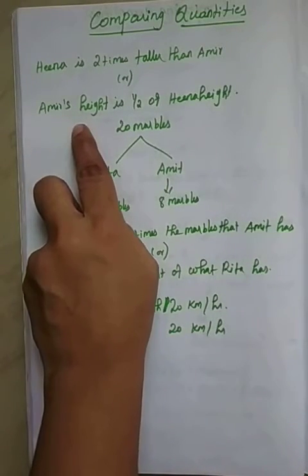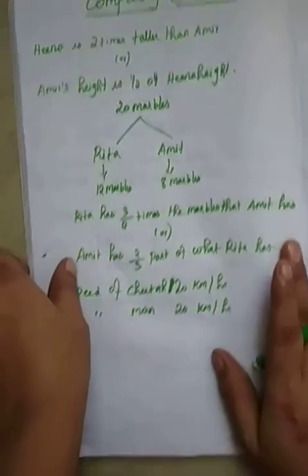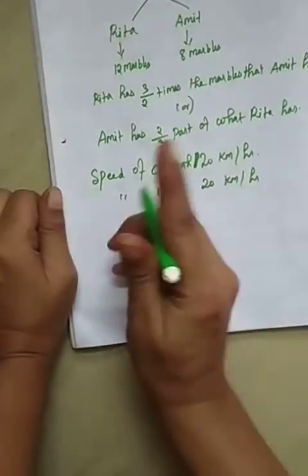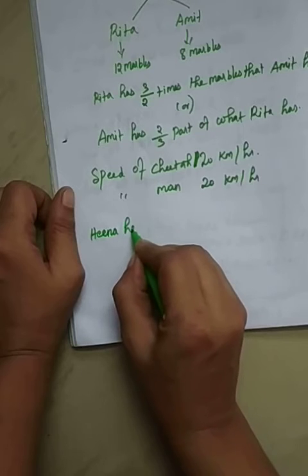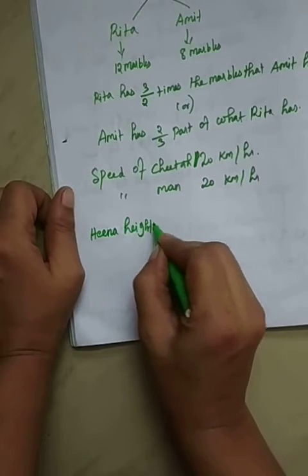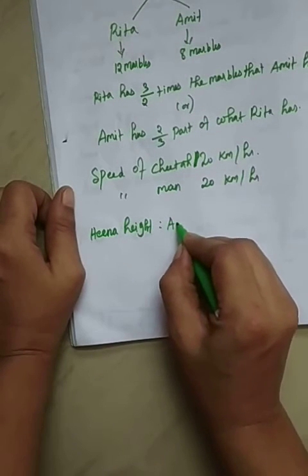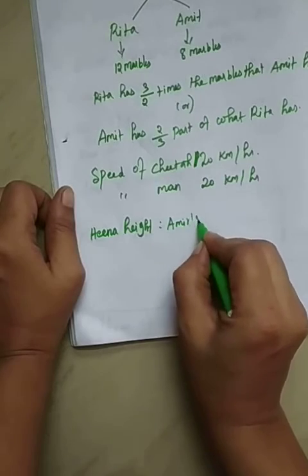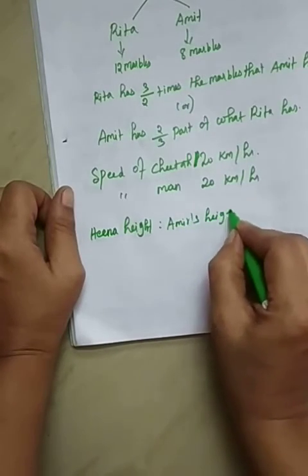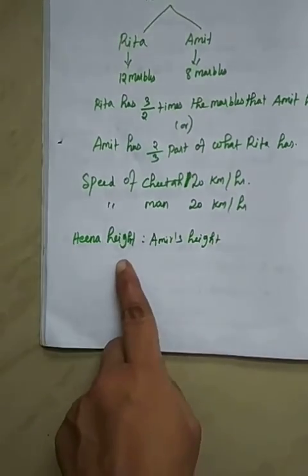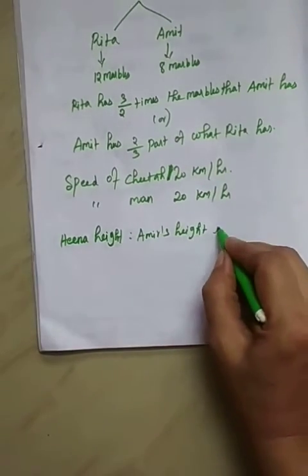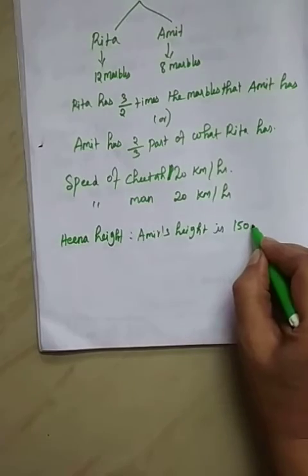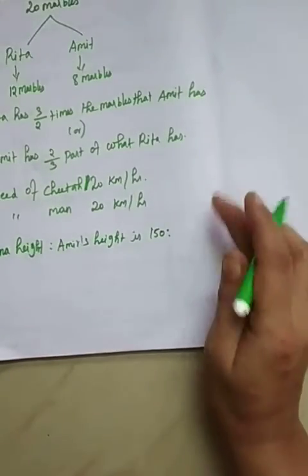So Hina's height to Amir's height. Clear? So Hina's height is to Amir's height, we can say that 150 is to 75.